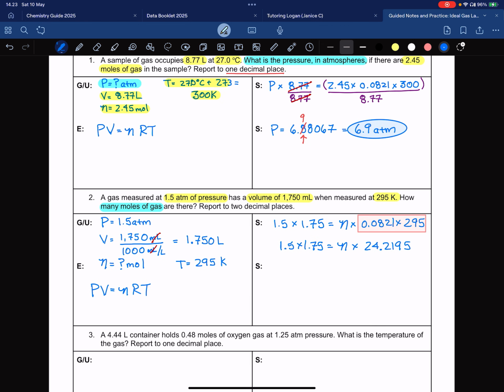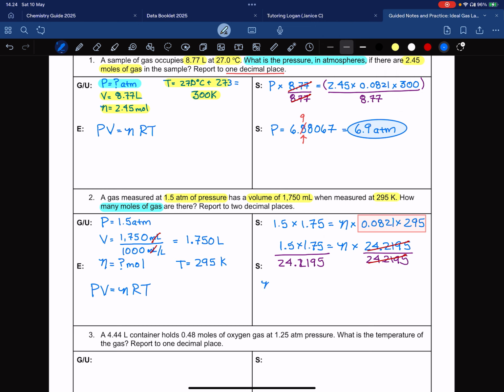Now, algebra tells us, again, if I want to get rid of this, I've got to divide by 24.2195. That allows us to cancel that, becomes 1. Anything I do to the right, I also need to do to the left, 24.2195.